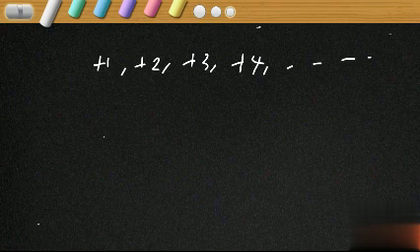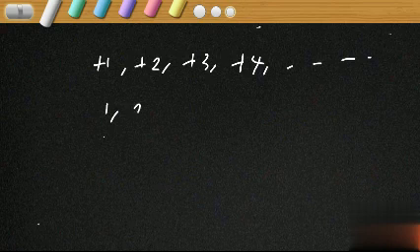Which are the positive integers? Plus 1, plus 2, plus 3, plus 4, etc. Which are the magnitudes of these? The magnitude of plus 1 is 1.